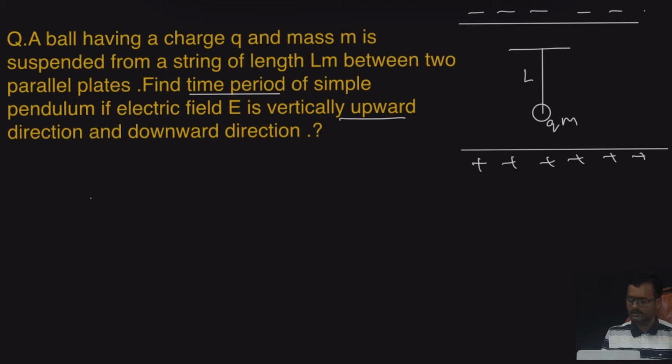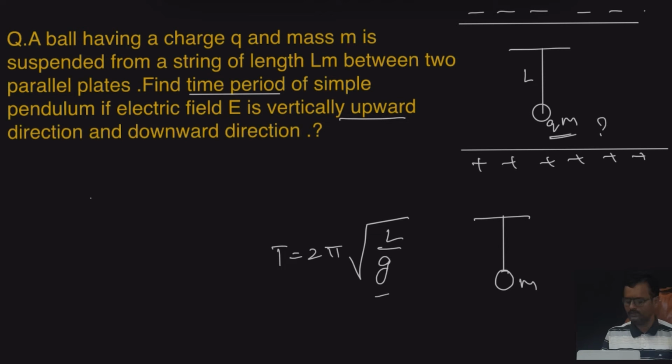The time period for a simple pendulum is T equals 2 pi square root of L by g, where g means acceleration due to gravity. Suppose here the acceleration is not g, because there is an additional electrostatic force. Suppose the acceleration is A, then this formula applies with g becoming A. So T equals 2 pi square root of L by A.